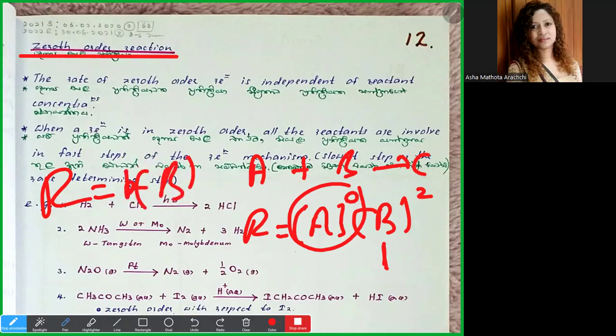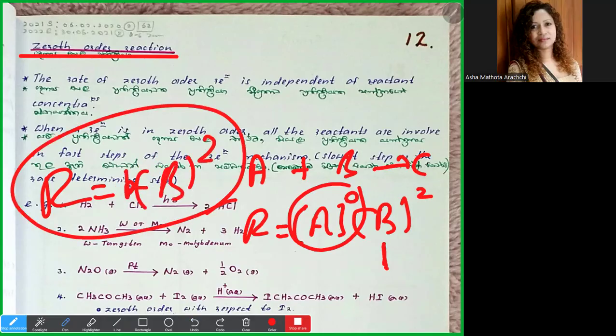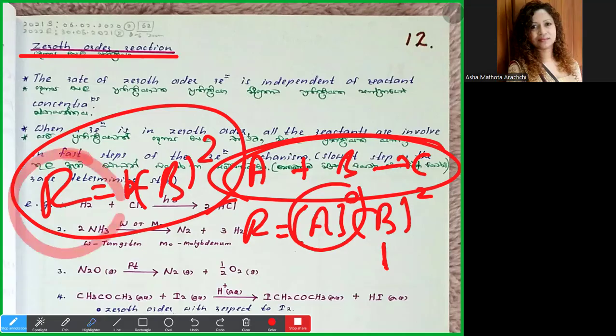Does it mean we don't want A? We need A, because B is supposed to react with A to give C. What is the difference? Here we are not talking about how much product is made. Here we are talking about the rate of formation of product. To understand the rate, we don't want A. Clear?